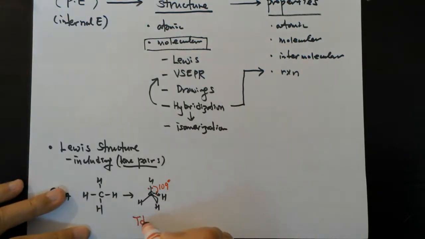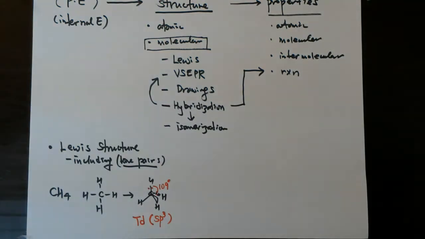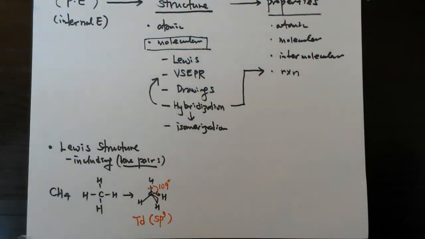So the tetrahedral is known to have sp3 hybridization. For the meaning of sp3, I'll have, like I said before, separate videos.